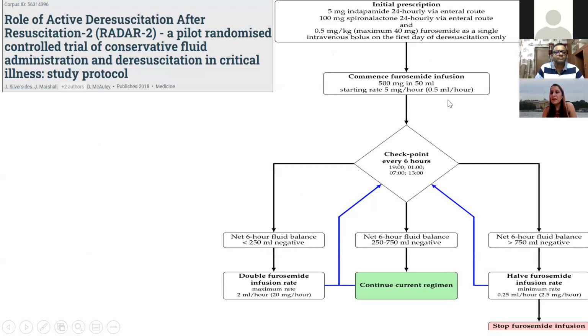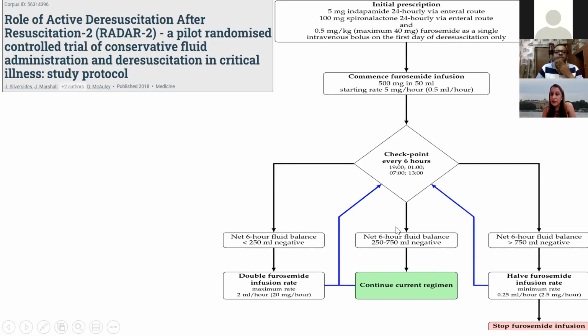And thereafter, a furosemide infusion is started at around 5 milligram per hour. After every 6 hours, checks are done. If the net 6-hour fluid balance is less than 250 mL negative after starting this infusion, then we have to double the furosemide infusion rate.